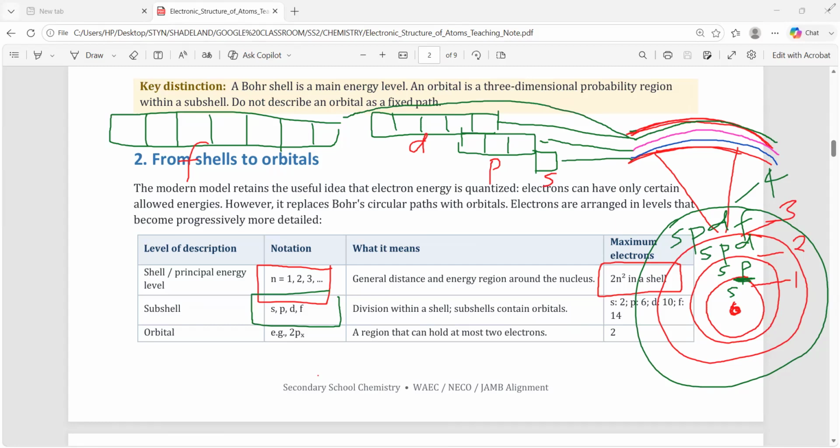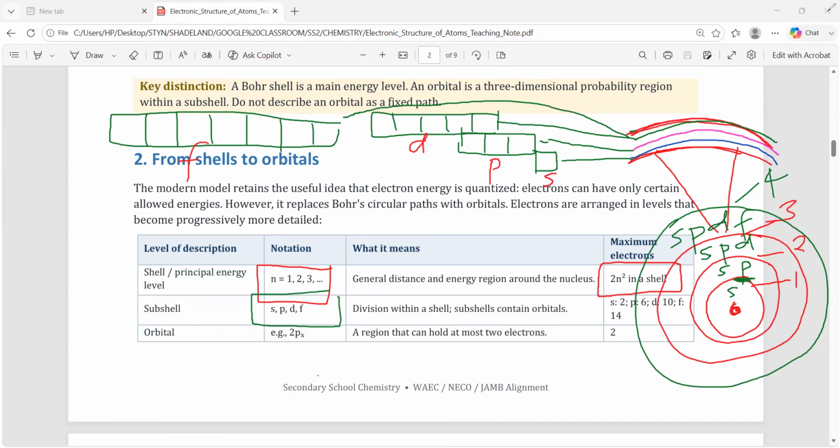Now, listen attentively. Every orbital can only take 2 electrons. That's the maximum number of electrons that an orbital can take. Let me repeat it again. The maximum number of electrons an orbital can accommodate.